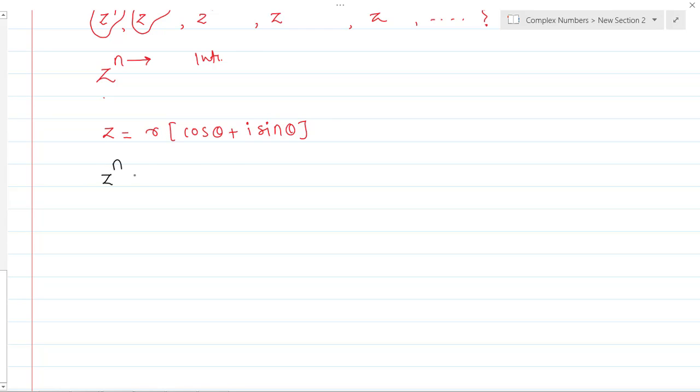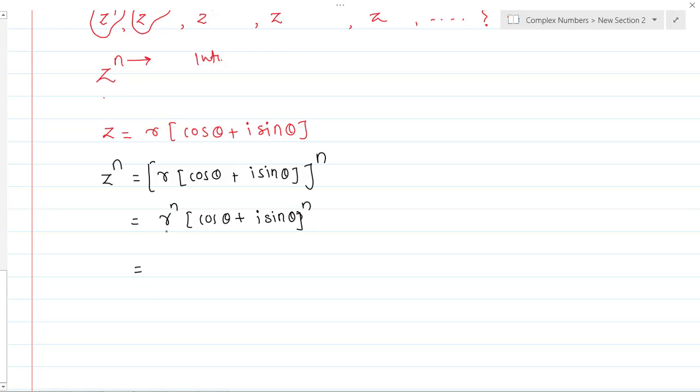If you take z to the power n, you simply take r into cos theta plus i sin theta, its power to the power n. So this is equal to r raised to power n into cos theta plus i sin theta to the power n.